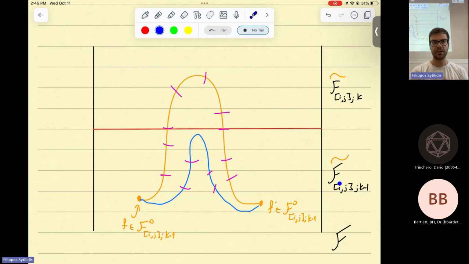So it's going to be a path which lives entirely within those functions that have at most k minus 1 critical points of index i.